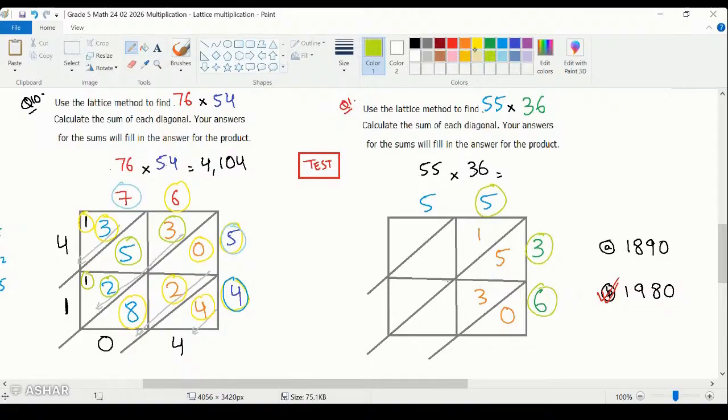Okay. 5 multiplied by 3 is 15, we write 15, and 5 multiplied by 6 would again be 30. When we add the diagonals together, this was a 0, we write a 0. This was 5 plus 3 plus 0, we write 8. 1 plus 5, 6. 6 plus 3 is 9.